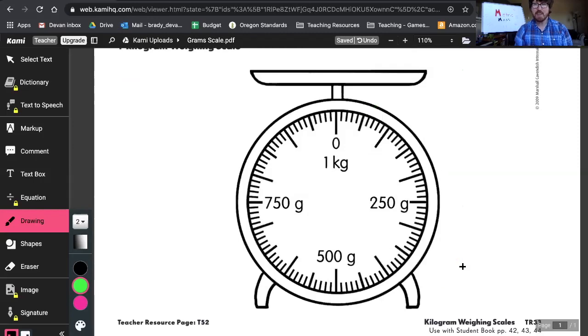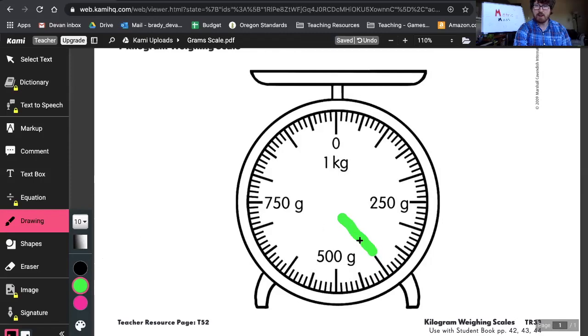Now let's look at this scale, which measures in grams. So this would be for items that weigh less, or have a smaller mass, than this can of beans. And let's say I wanted to know how much this right here is. If the arrow is pointing to that, what is the mass of whatever is put up here?